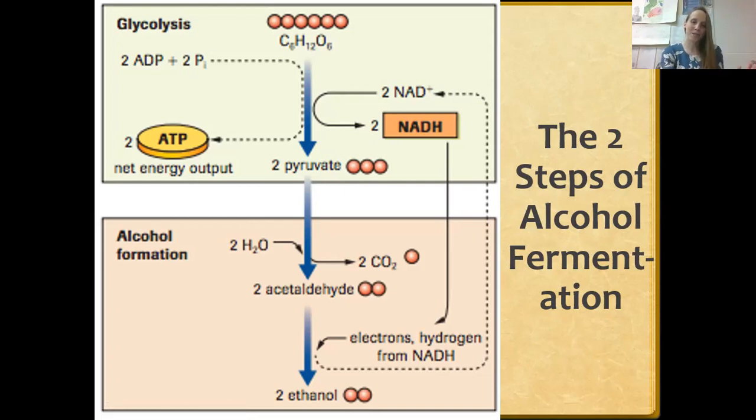And then the next step, instead of pyruvate oxidation, which you would do if this was aerobic, with this type of anaerobic respiration, we are going to remove our carbon dioxide and form acetaldehyde. We're then going to oxidize the NADH to turn it back into NAD+, which produces ethanol, which is the final product of this.